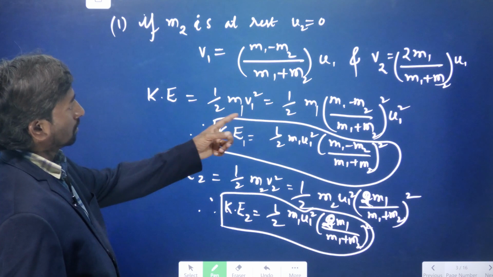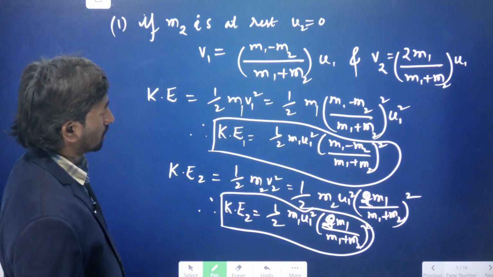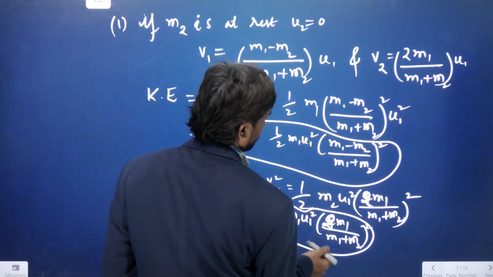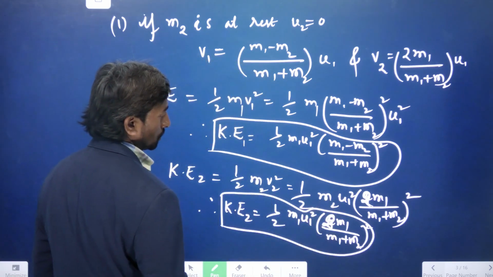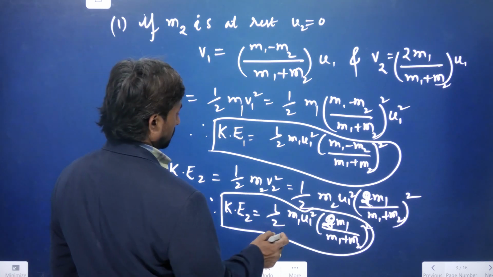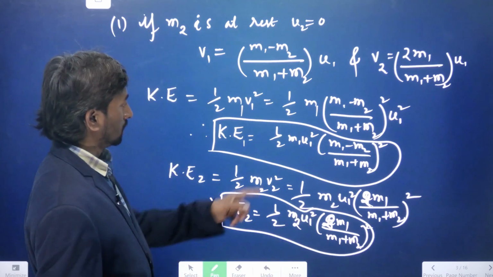So here m1 u1 square, here also m1 u1 square we got. Sorry, this one is m2 u2 square, and here m1 u1 square.